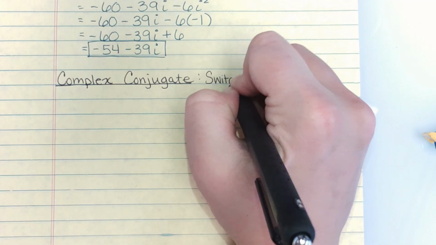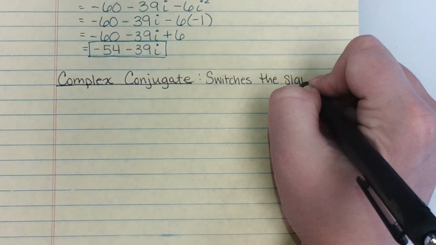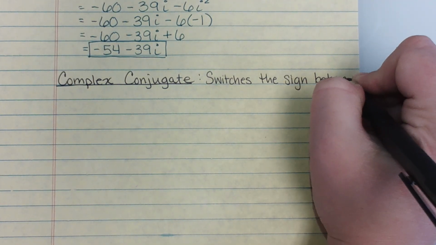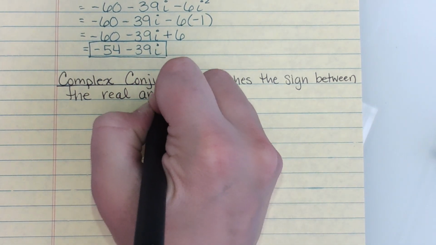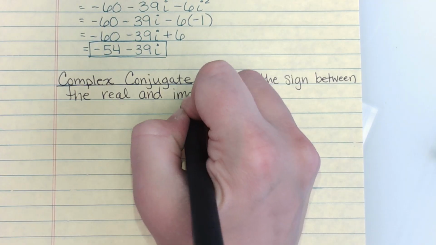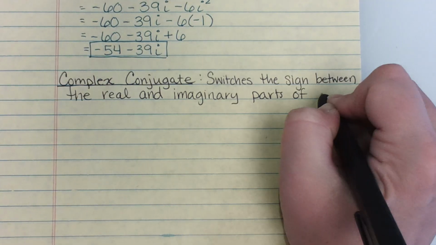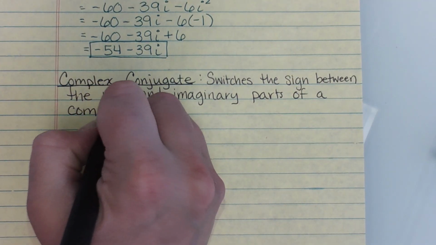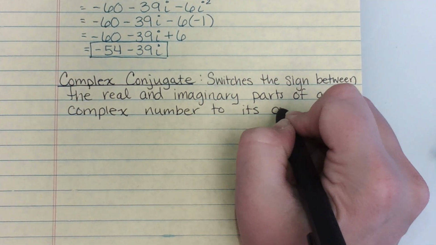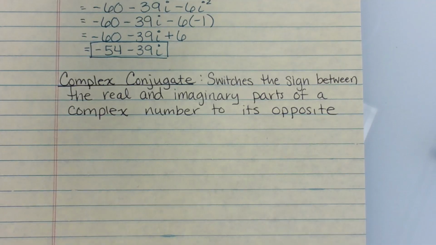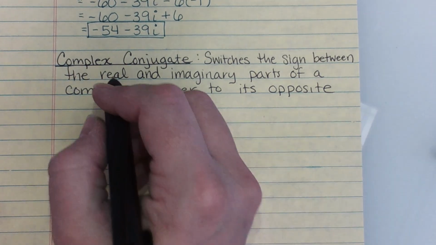A complex conjugate switches the sign that's between the real and imaginary parts of a complex number to its opposite. That's really its definition. Here's what it means.